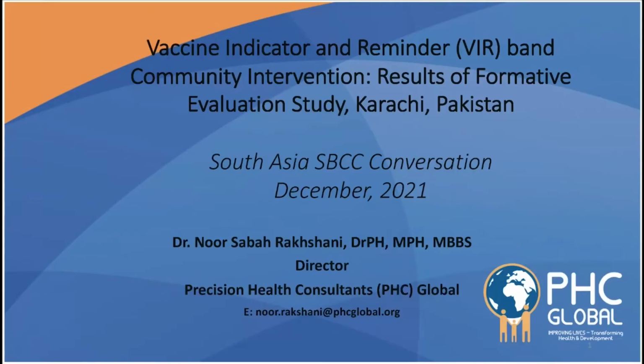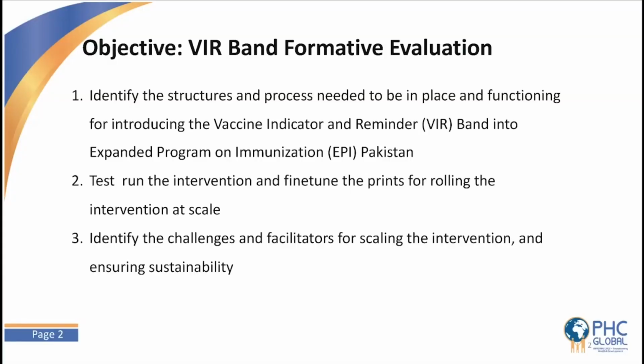For this formative evaluation, we used the Donabedian quality framework to identify the structures and processes that needed to be in place for implementing the VIR band intervention, for our goal to address the gap in childhood routine immunization timeliness and completion.